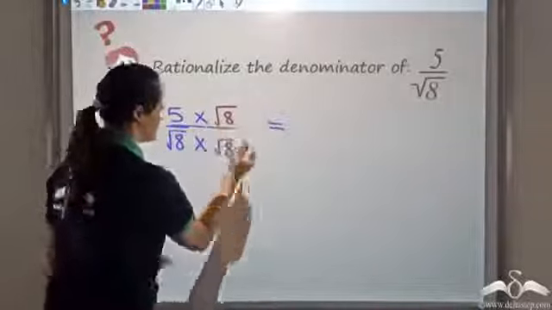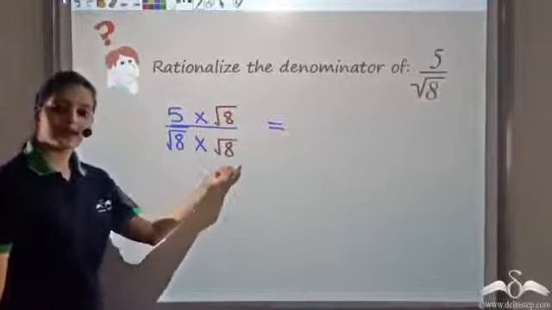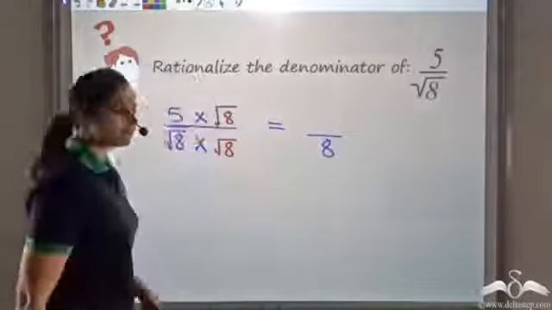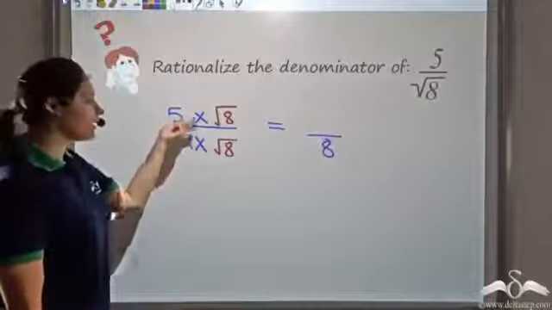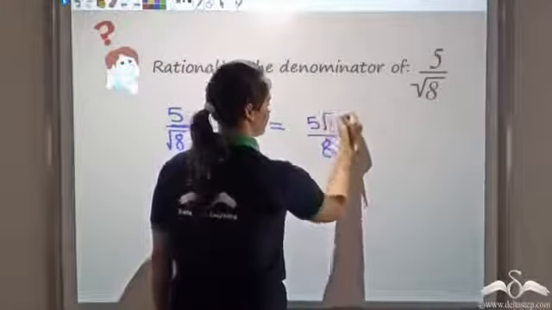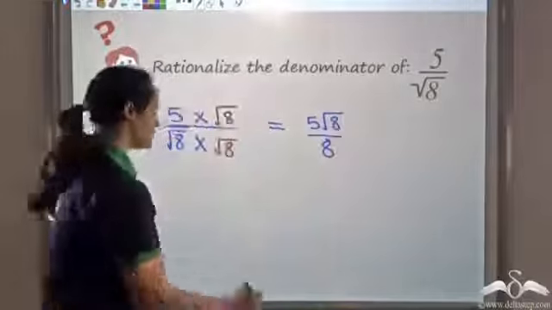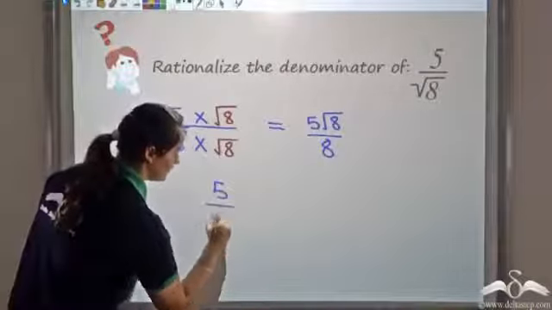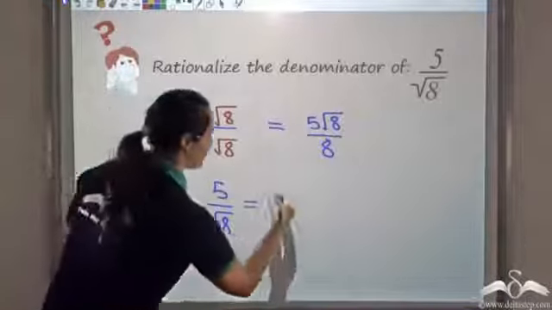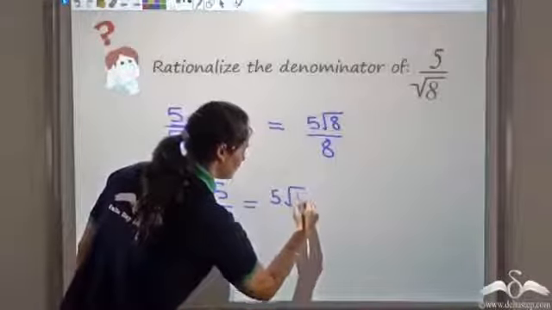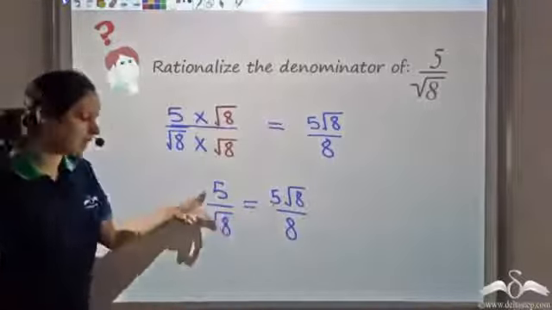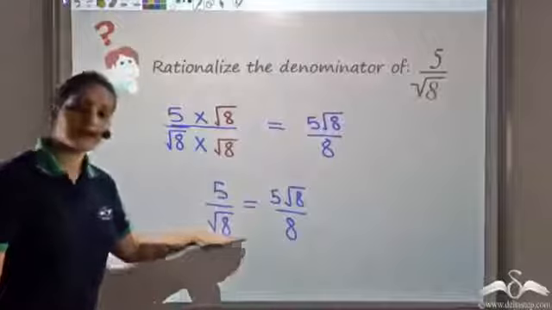The denominator is under root 8 times under root 8, which is just the number 8. What about the numerator? 5 times under root 8 gives me 5 under root 8. So, 5 by under root 8 can also be written as 5 under root 8 by 8. This is the same irrational number. I rationalized the denominator.